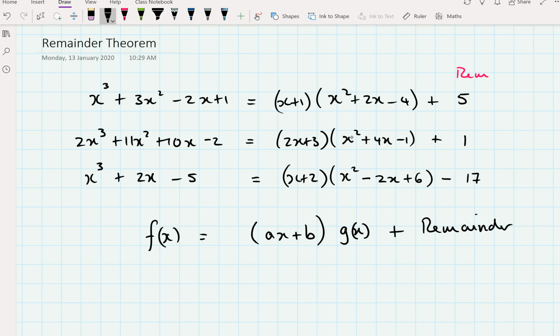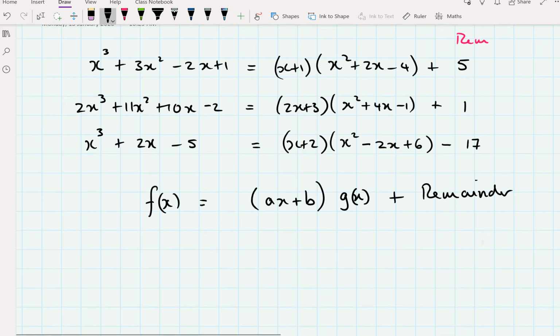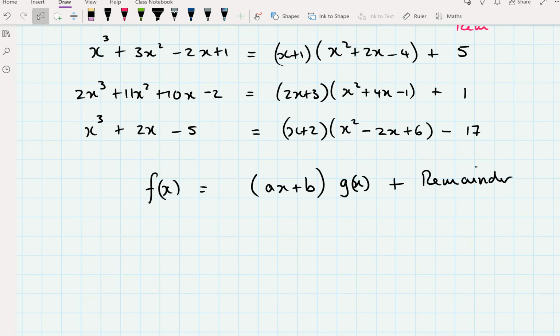Now, we can actually work out this remainder without having to do a great big long division as we've done before. And we do that by saying, okay, if I want to find out what the remainder is when f of x is being divided by ax plus b, it'd be good to get rid of this part over here.